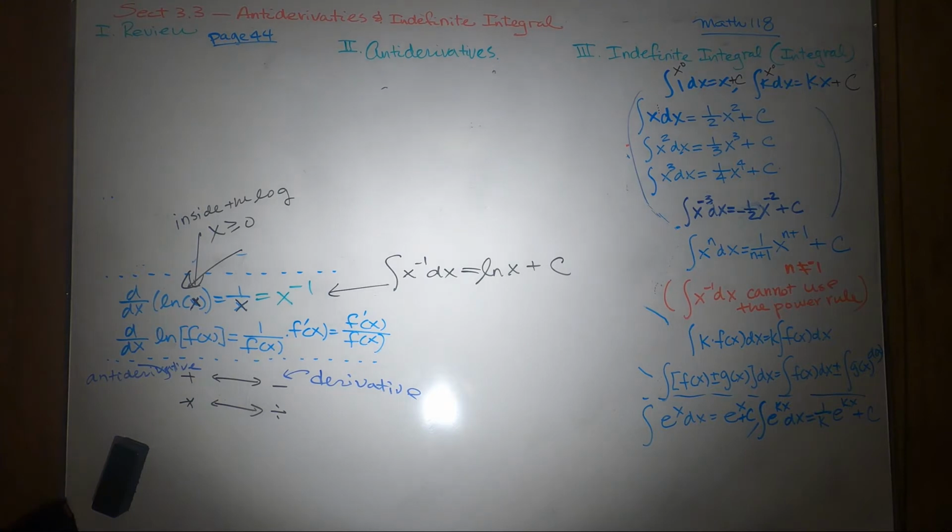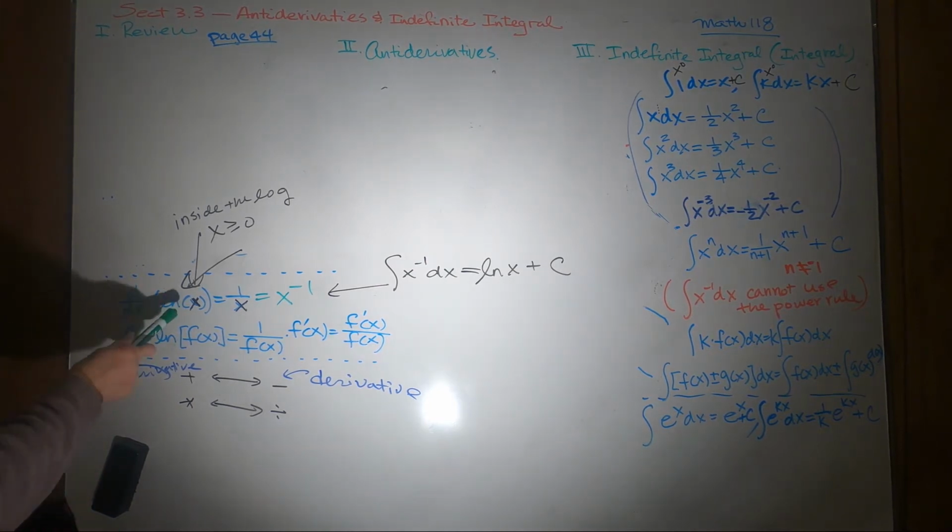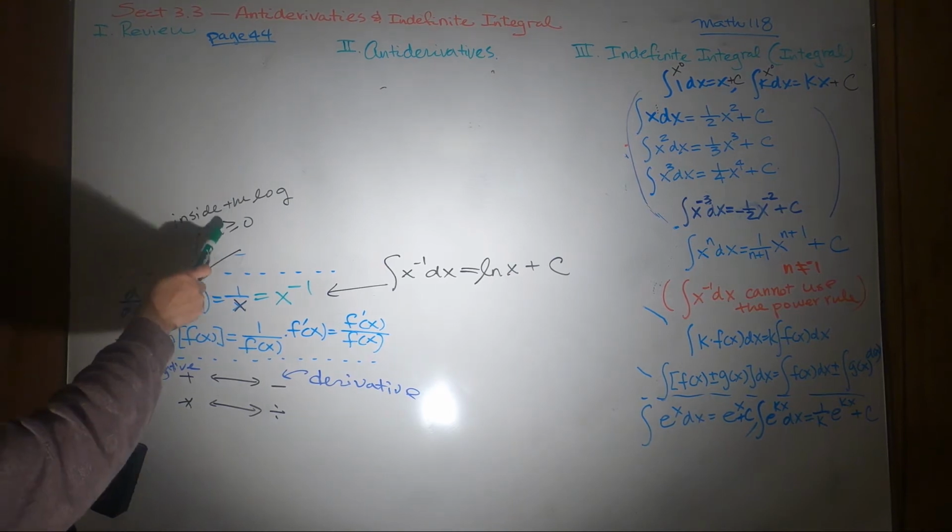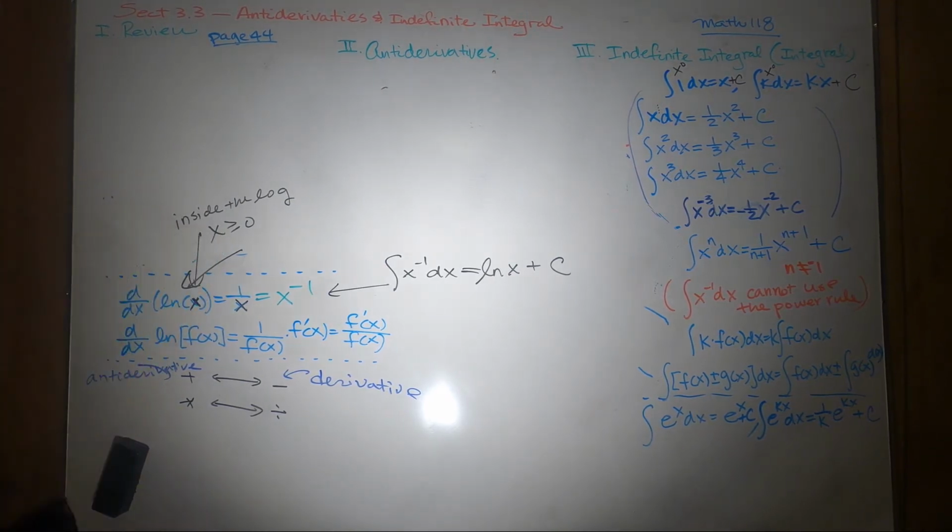Plus an arbitrary constant. However, there is a situation we notice. The inside of the log cannot be a negative number, it has to be positive. But when we use x, it's a number we don't know is positive or negative.